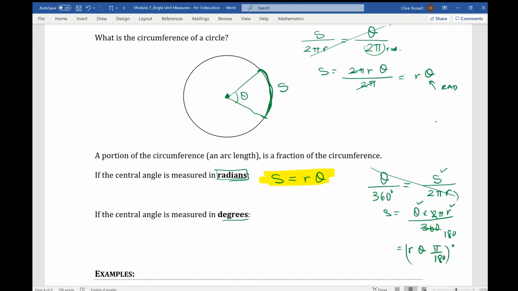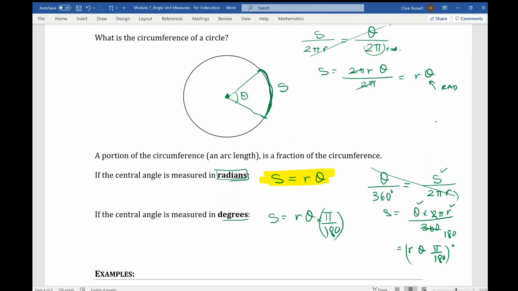Now it's interesting that you see a pi by 180 here. That's a conversion factor that goes from degrees to radians. So another way of doing it is to take this formula here. We could say that S is equal to r times theta, but this theta now is in degrees, so you simply multiply by the conversion factor pi by 180.